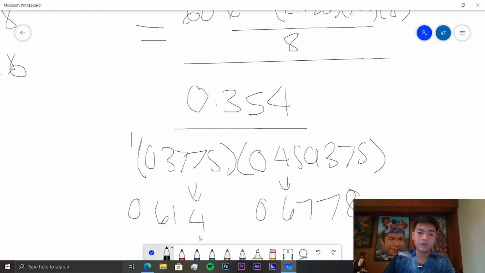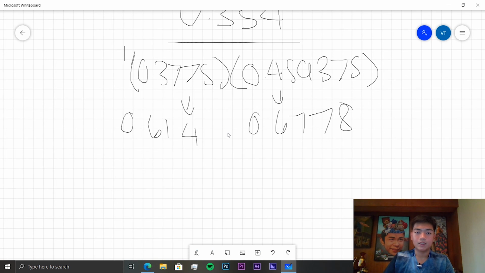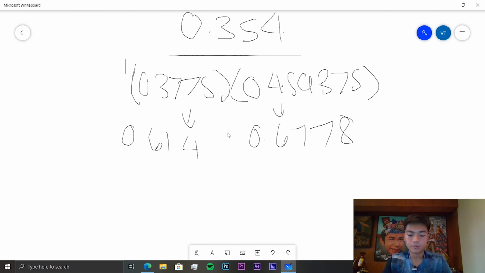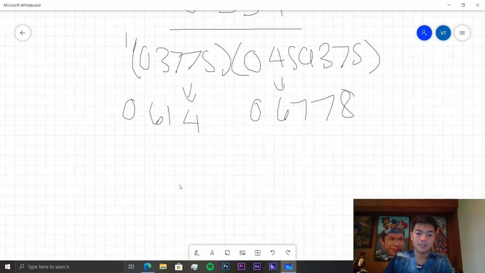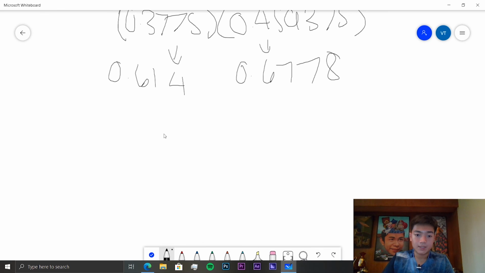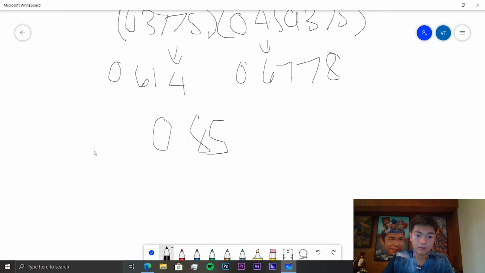So what we do get is 0.354 divided by 0.614 divided by 0.678, and this ends up at a much more reasonable value. It's around 0.85. So the coefficient should have been around 0.85.